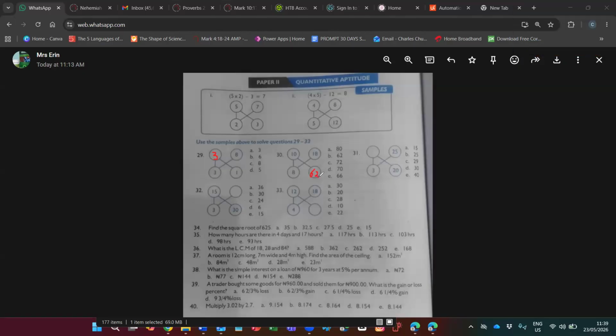All right. Kate, can you try number 31? Let's see if Kate will do it for us. Number 31 is just like number 29. We're working backwards. So I'm finding the answer.